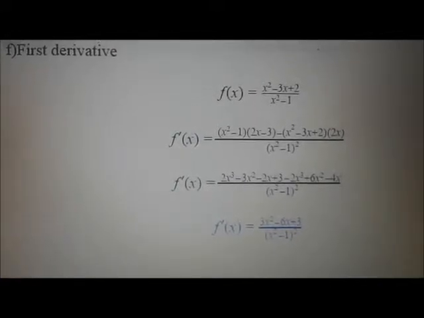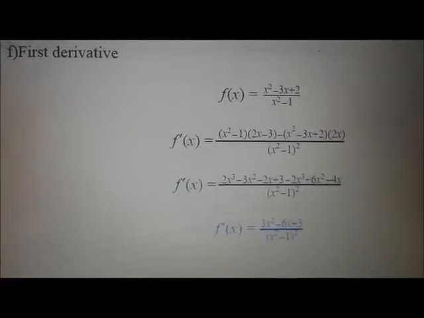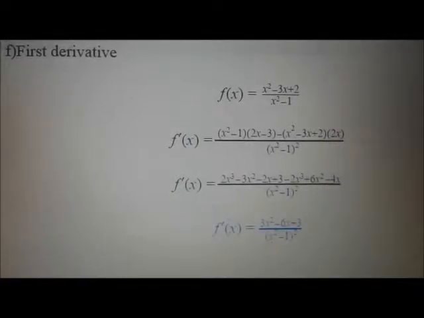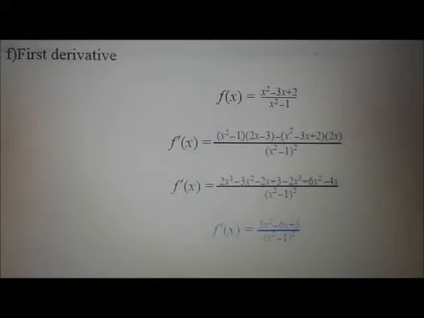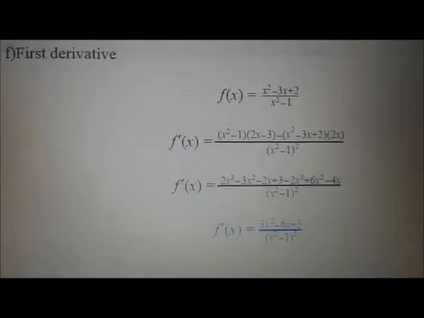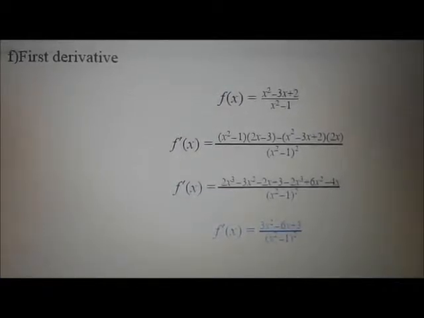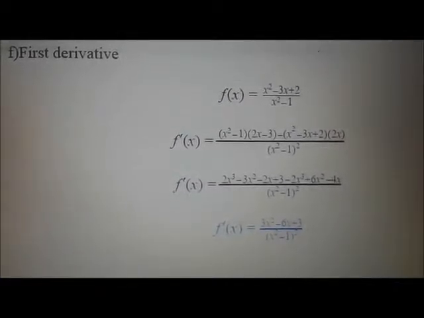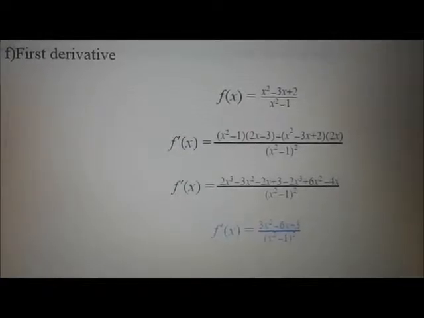The first derivative is 2x cubed minus 3x squared minus 2x plus 3 minus 2x cubed plus 6x squared minus 4x, all divided by x squared minus 1 squared.